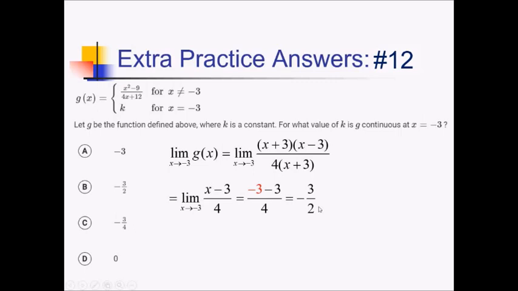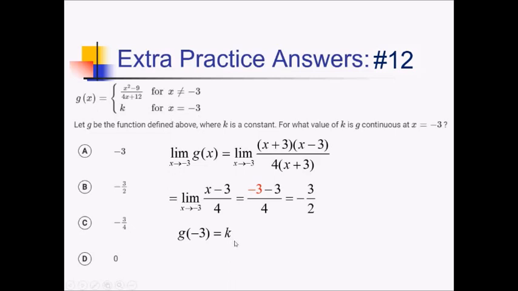Okay. Now the other piece of this is I have to talk about the function value. I found the limit of g as x approaches -3. I also have to talk about g of -3, the function value. For g of -3, I just use this rule where x equals -3, and this rule automatically gives me a constant value of k, no matter what I plug into it. But there's only one thing I'm allowed to plug into it anyway.